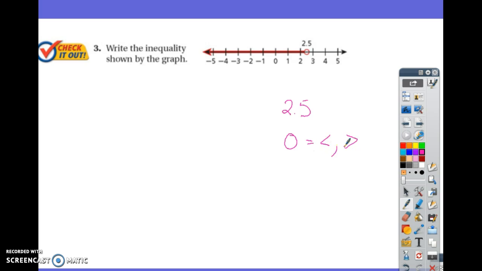And we have all values that are less than 2.5. So you pick a variable. Let's just say x. You can use m, you can use k, whatever you want. x is going to be less than, not less than or equal to, 2.5. And that's how you solve a problem like that.